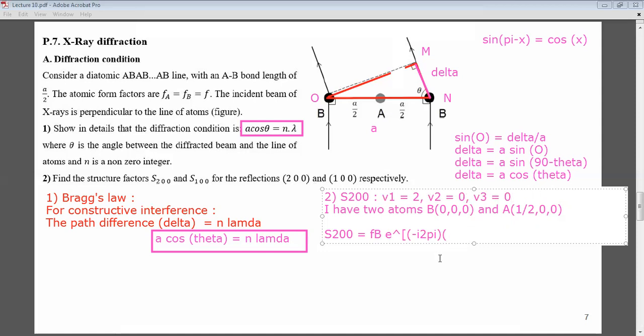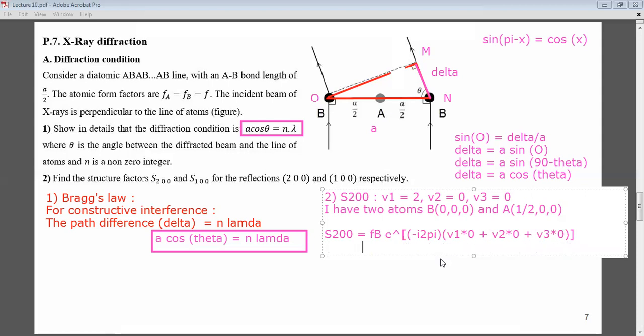This is multiplied by V1 times 0, plus V2 times 0, plus V3 times 0, from the first atom.